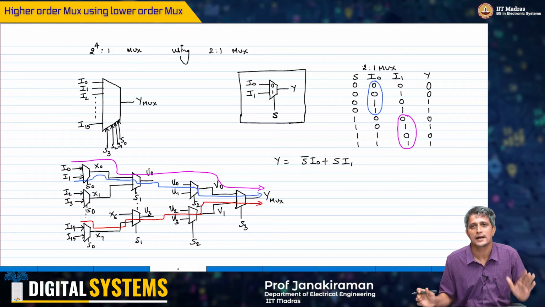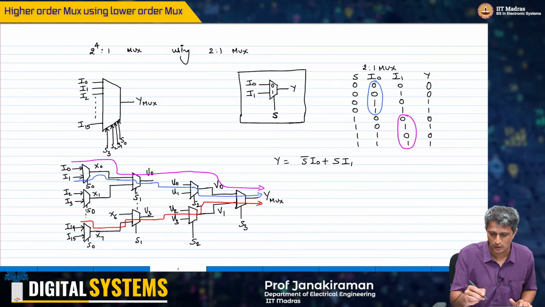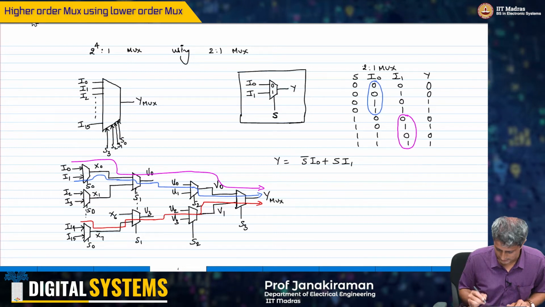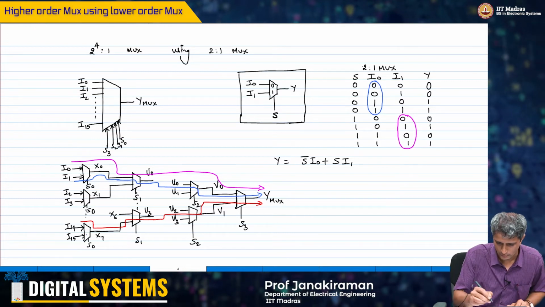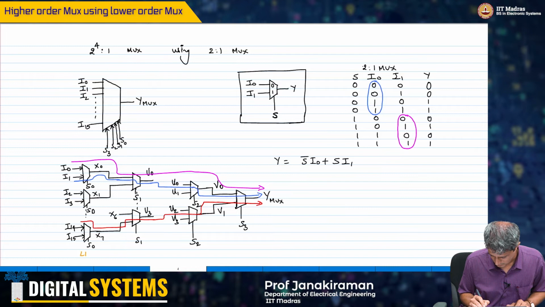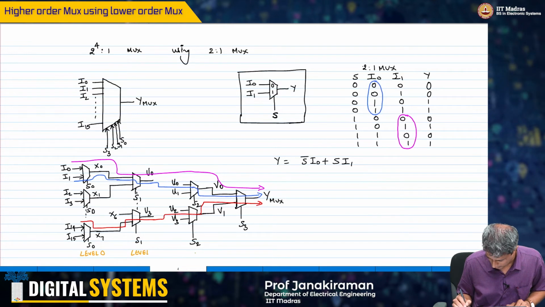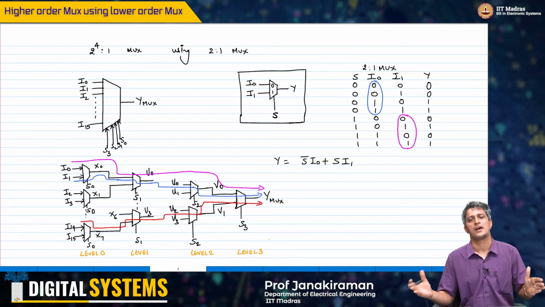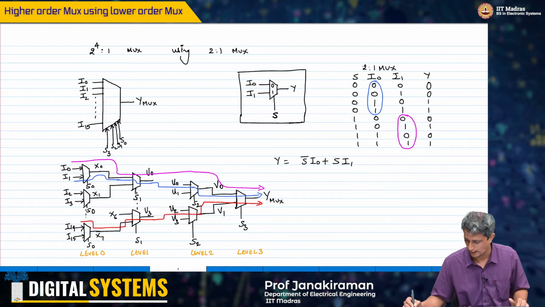Exactly the same thing here. So now I will define this as level 0, level 1, level 2 and level 3. So you needed 4 levels in order to get this.